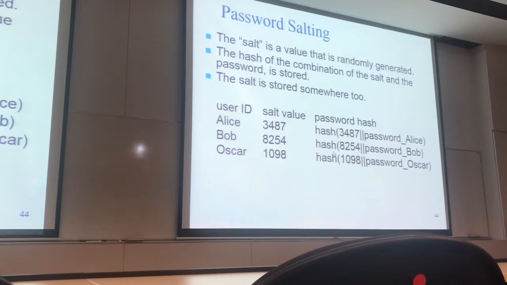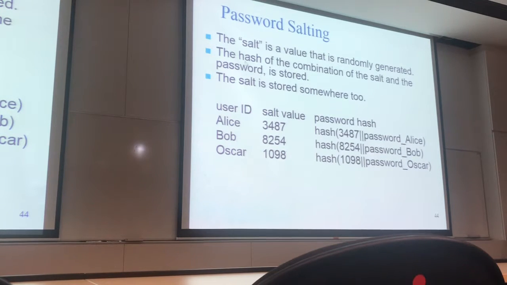So if a normal user logs in, the user types in a user ID and password, right? Then the Unix system will check the password table to find your user ID, and then it will find the corresponding salt value.